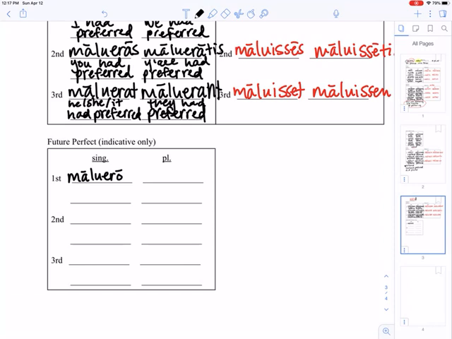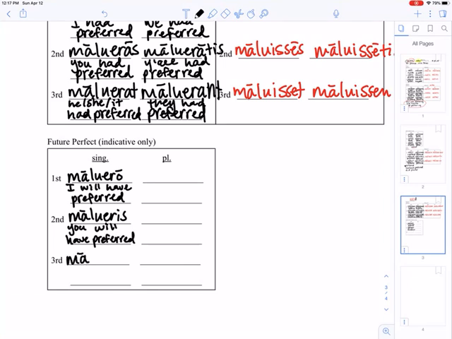Okay, so this time it's I will have preferred. Our second singular is Malueris, and this is you will have preferred.